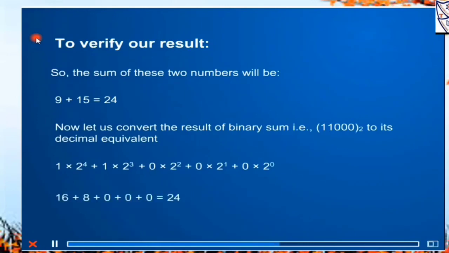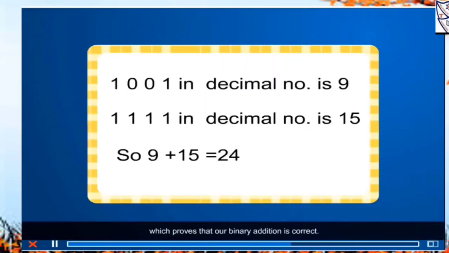Sixteen plus 8 plus 0 plus 0 plus 0 is equal to 24. Which proves that our binary addition is correct.